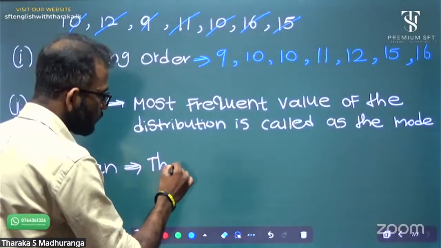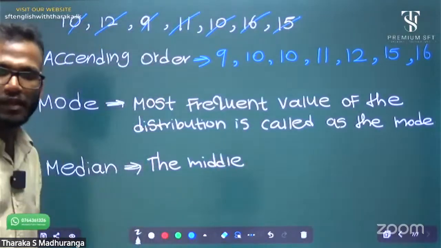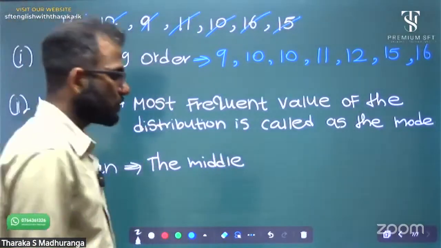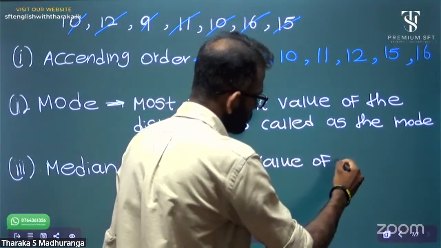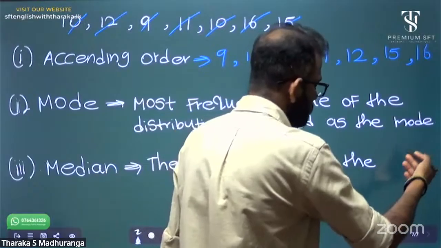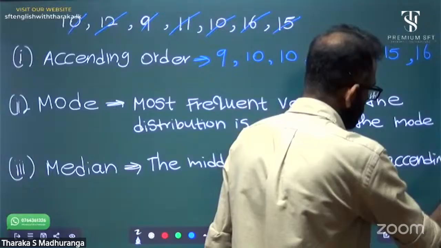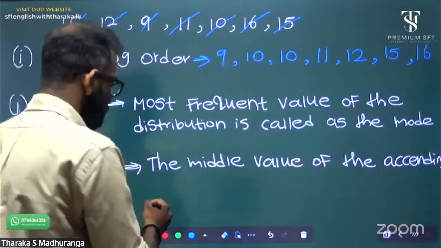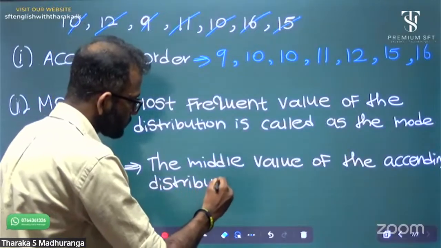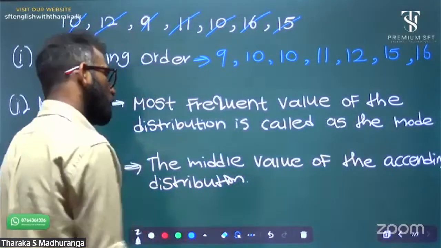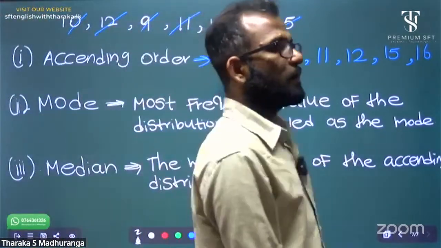The middle value of the distribution after preparing it in ascending order is called the median.